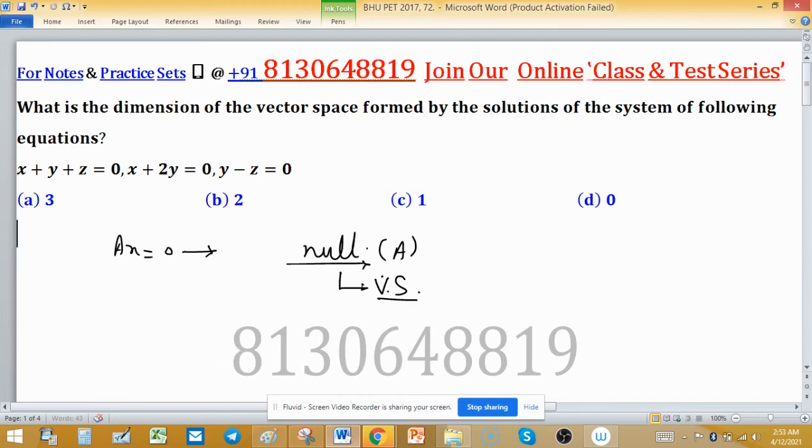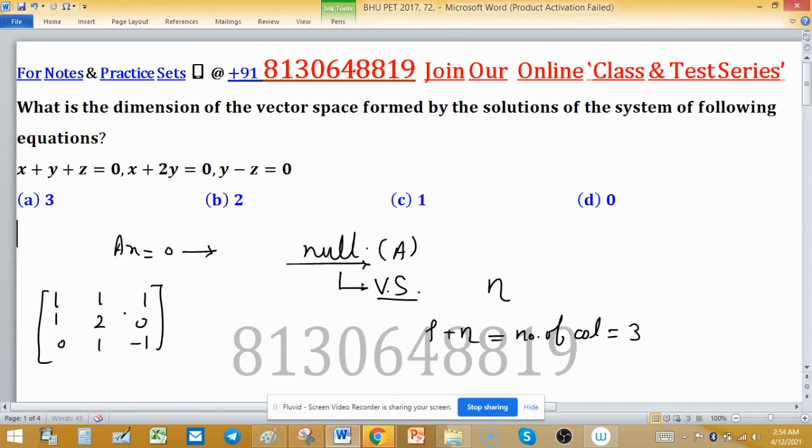The dimension of this is represented by eta, and by the rank nullity theorem, rank normally represented by rho, rank plus eta is equal to the number of columns, and here this is 3. So write the system: 1 1 1, 1 2 0, 0 1 minus 1. So find the rank of this matrix and then use this formula, the rank nullity theorem.